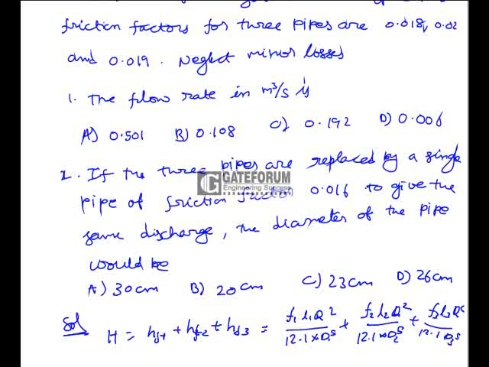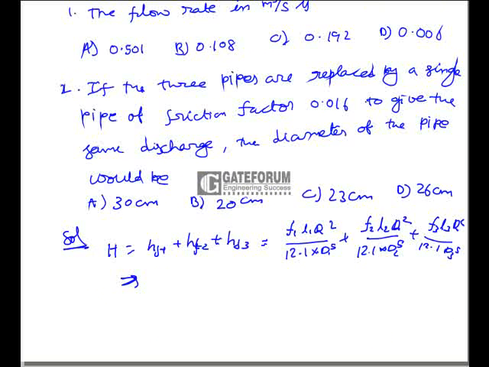Here F, L and D are known values in each term. Substitute all these values and equate to the total head, that is 15 meters, so that we get the Q value equal to 0.10825 meter cube per second. So in the options, the right option is B.